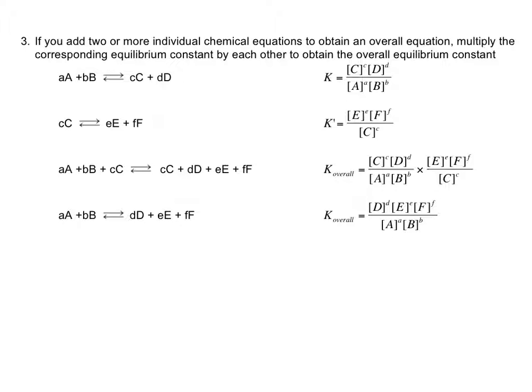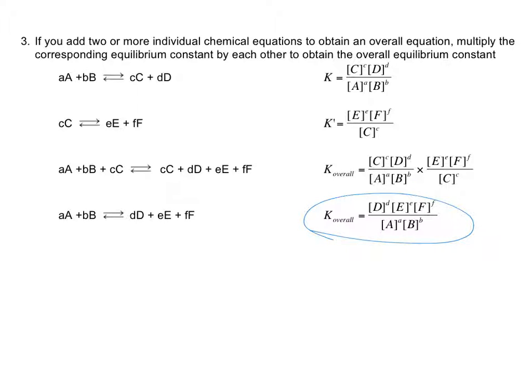Now, if we add these two reactions together, then the C's cancel out because we have one on each side, so they cancel each other out. So our overall reaction now is A plus B goes to D plus E plus F. Okay, so if we know that, we could write out the overall equilibrium constant that we have here, which is there on our screen.